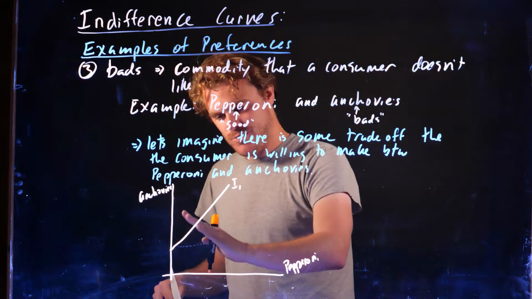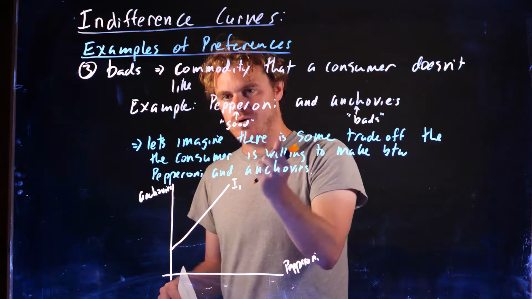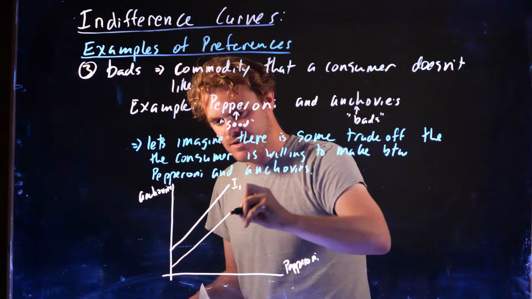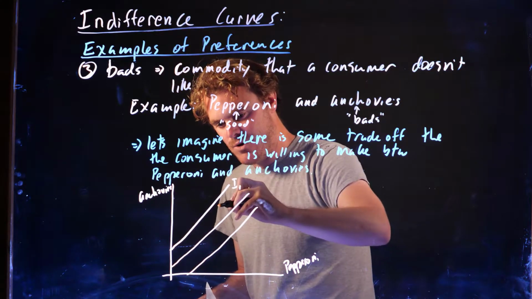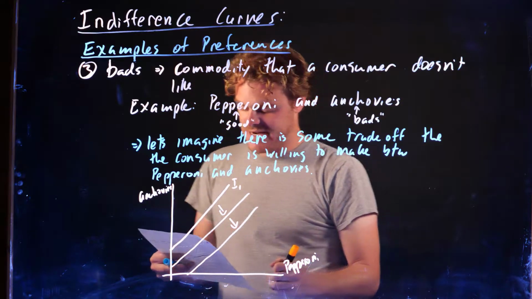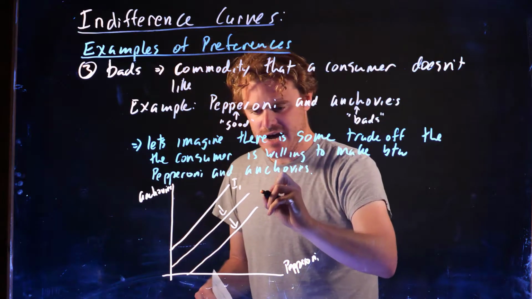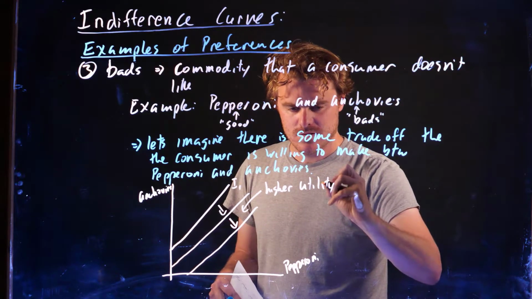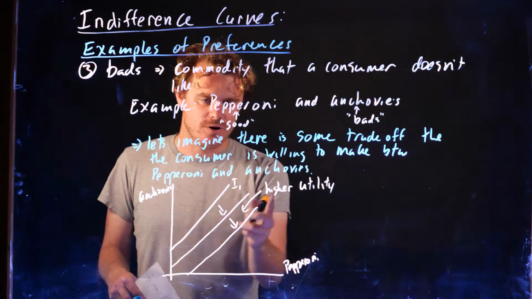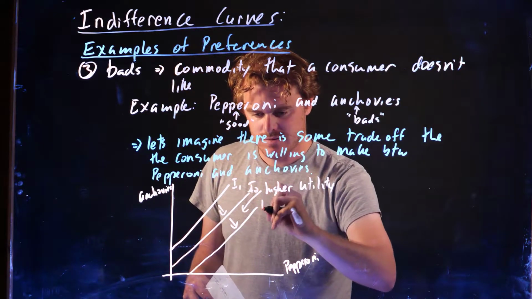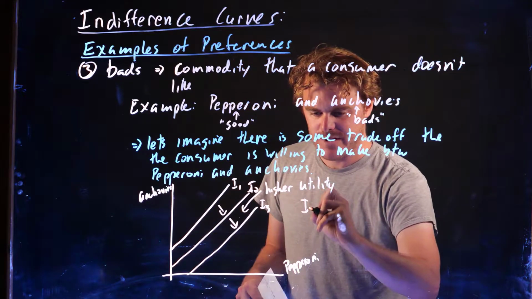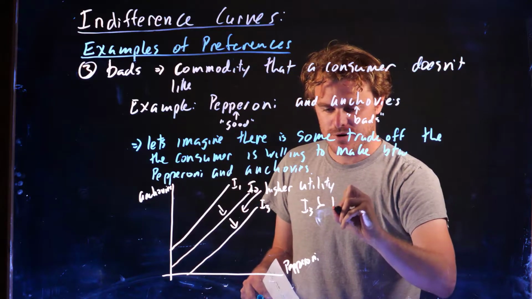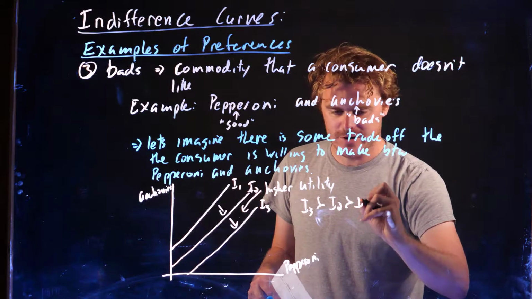And instead of indifference curves further away from the origin being more preferred, going down, or going to the right, is going to give us higher utility or higher satisfaction. So I3 is strictly preferred to every bundle on I2 and to every bundle on I1.